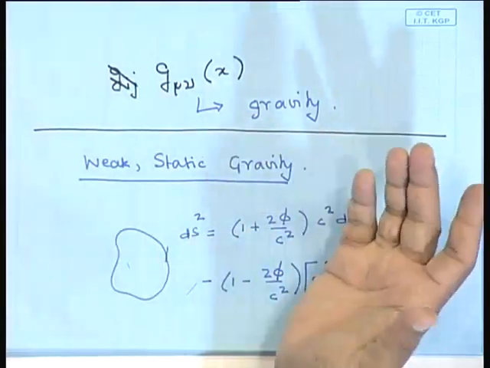So the point I am trying to get across is that in Einstein's general theory of relativity, the gravitational effects manifest themselves as the curvature of space-time, and all the information about these gravitational effects, the gravitational forces, is there in the metric. The metric is different for different curved space-times.